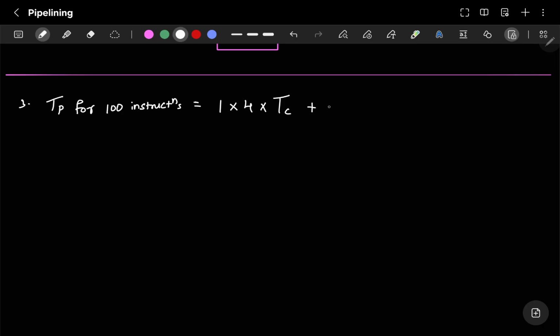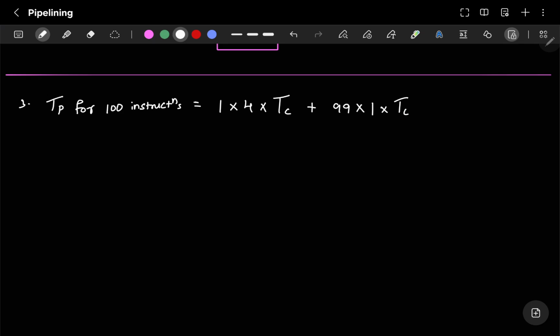Now the remaining, 100 minus 1, 99 instructions, because of parallelism, will take only one stage each to come out. After the first instruction takes 4 stages, the remaining 99 instructions will take 1 clock or 1 stage to come out, and that stage also takes some time, that is TC, right?